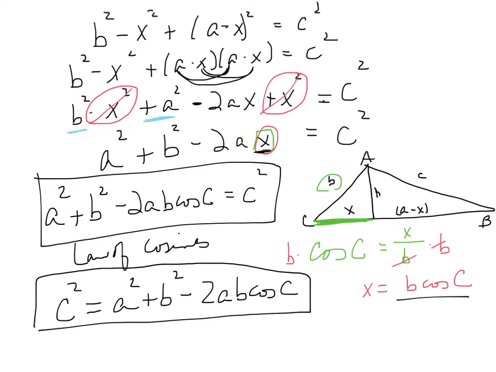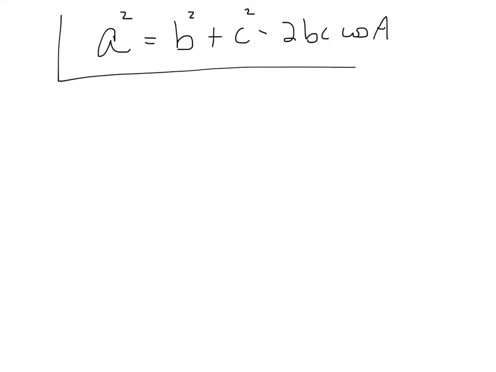What they're going to give you is, because again, it is a general formula, it doesn't matter what the labels are, they give you a squared equals b squared plus c squared minus 2bc times the cosine of A. This is the way it's written on the formula sheet.